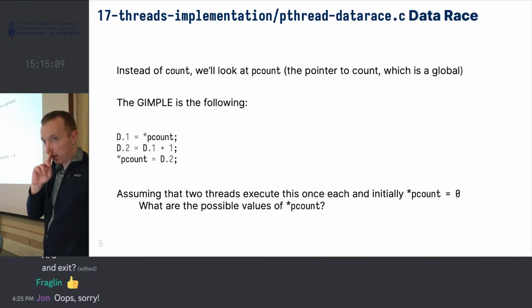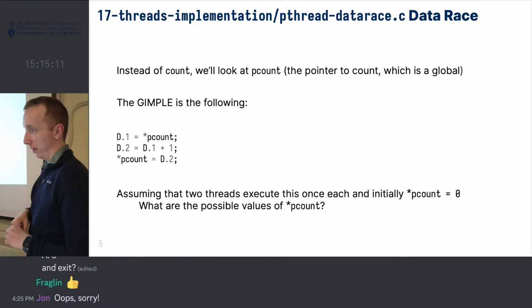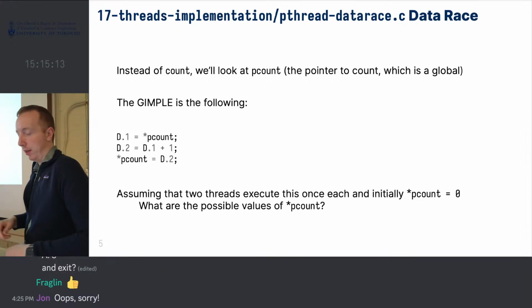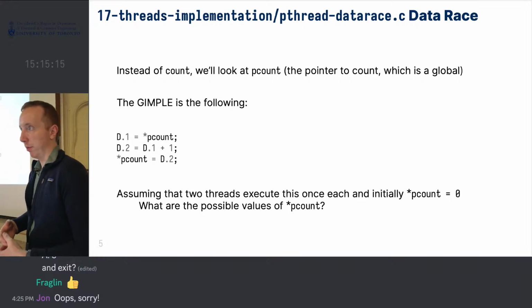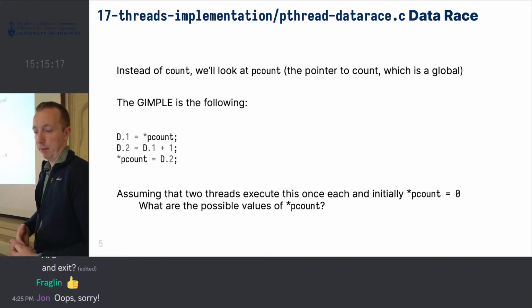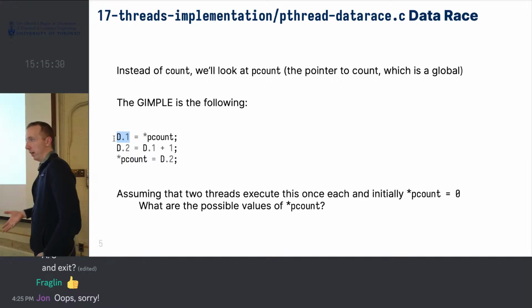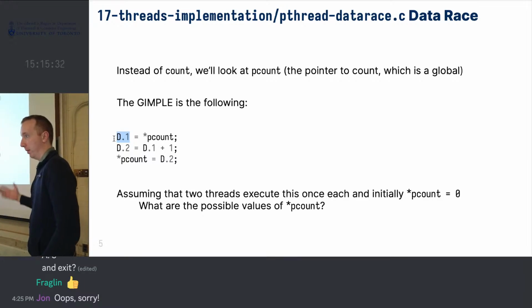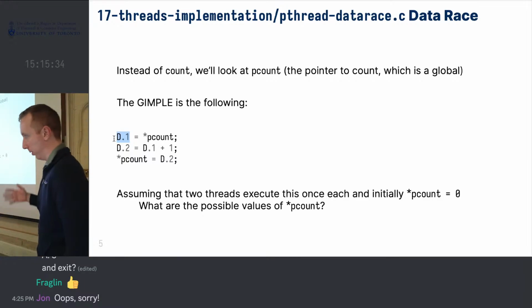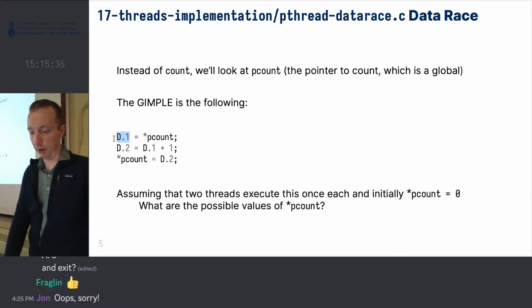So, for example, in our data race example, if we were to take that plus count that we went over last time, and we did the 3-address code on it, the GIMPLE would look like the following. Anything with D dot some number is essentially a register, and in 3-address code you have an infinite amount of registers, so every statement would go to a new register.